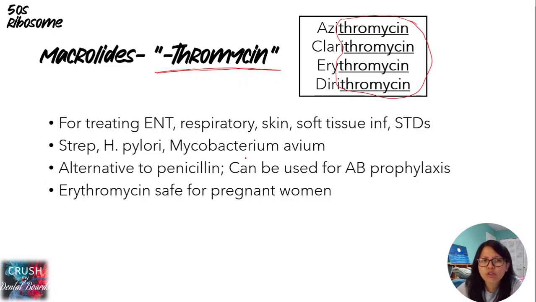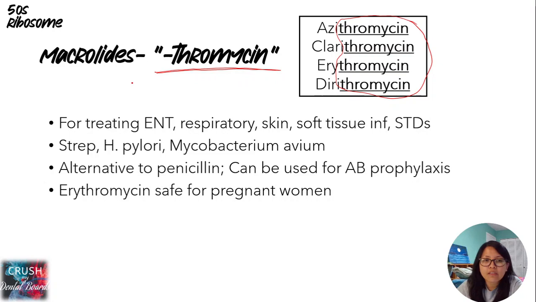So mainly they're used to treat your ear, nose, throat infection, respiratory disorders, respiratory tract infections, skin infections, soft tissue infections, and some sexually transmitted disease. Okay? They are effective against your streptococci, your H. pylori, and your Mycobacterium avium.